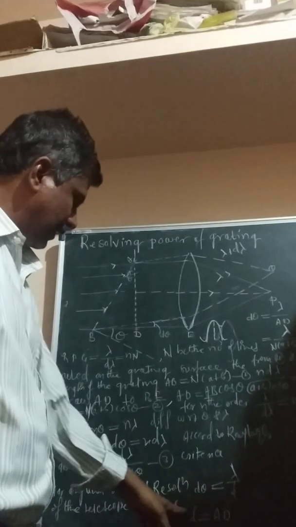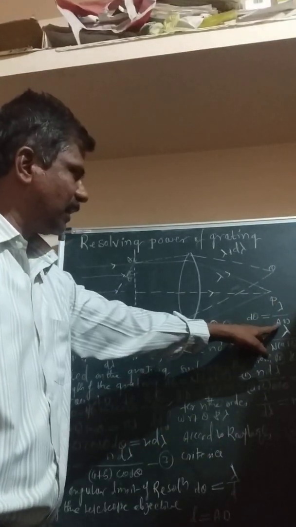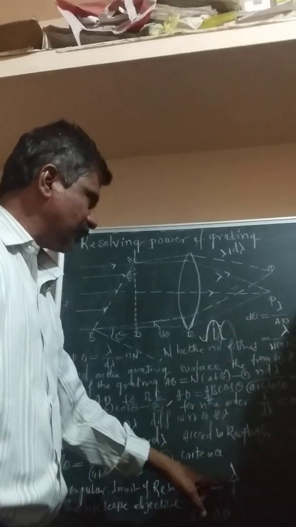So our equation becomes d theta is equal to lambda divided by AD, because AD is small d.